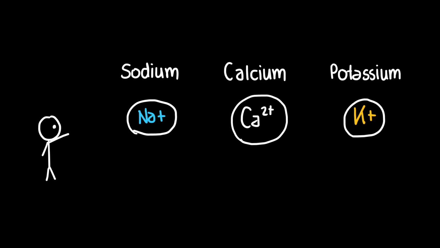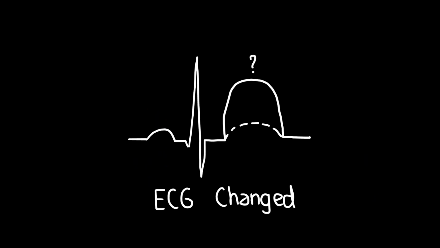The same is true for electrolyte disturbances. Elevated calcium, low potassium, sodium shifts. Each one disrupts the precise ion balance that the action potential depends on. The wave becomes different, and that difference gets recorded.